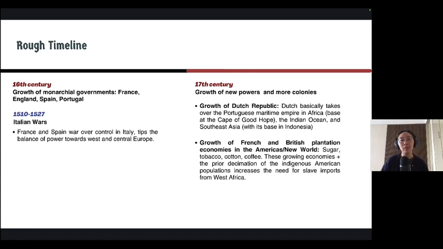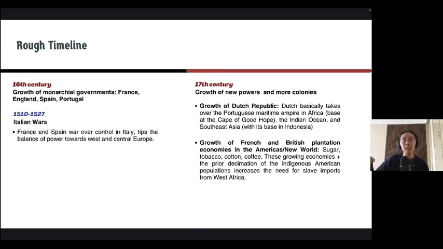So this is when we start to see the Americas begin to really have new colonies from France and Britain. So eventually lalabas yung sugar, tobacco, cotton, coffee plantations. So these growing economies and the decimation of indigenous American populations increases the need for slave imports from West Africa.